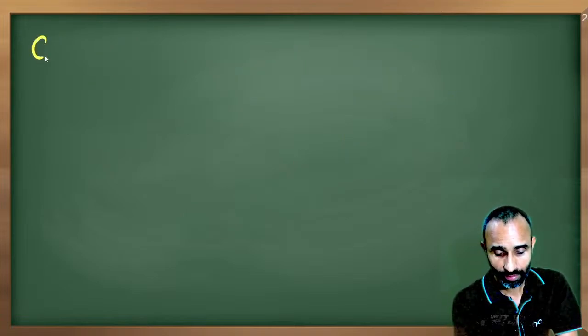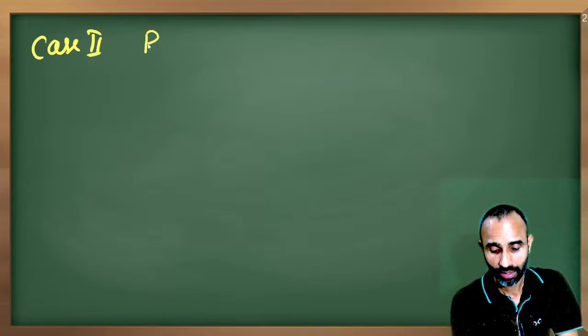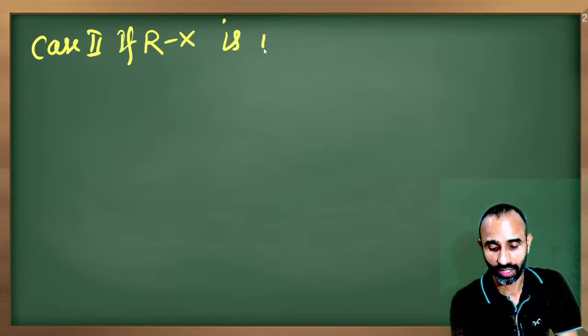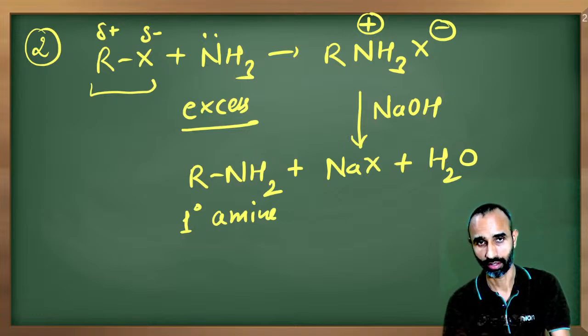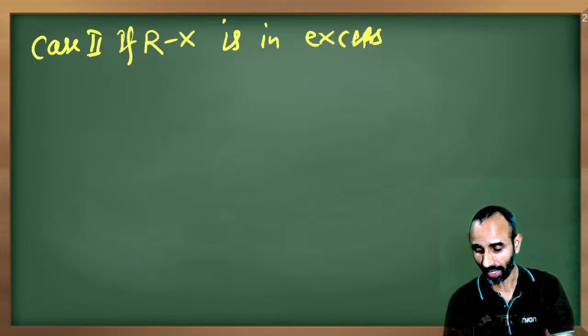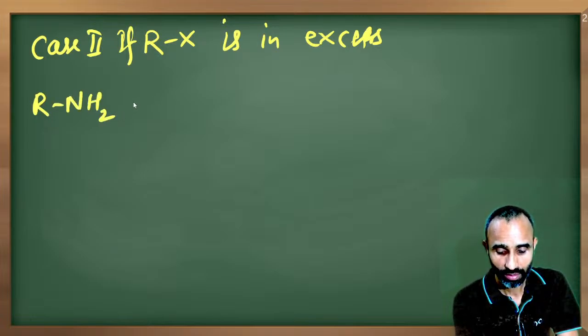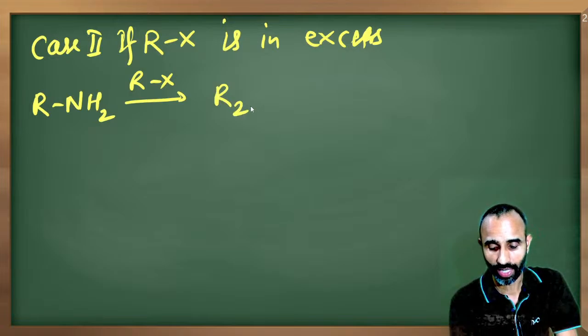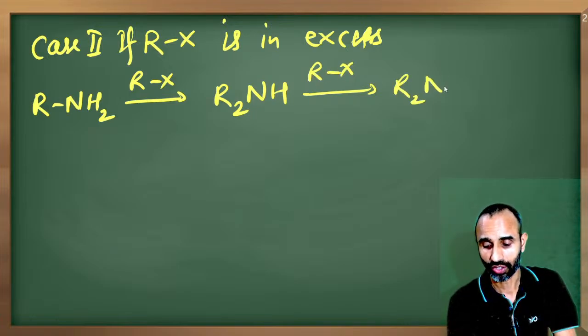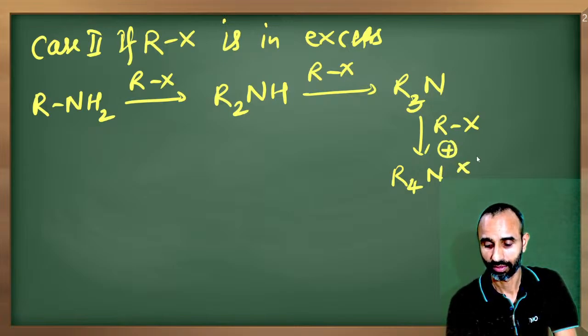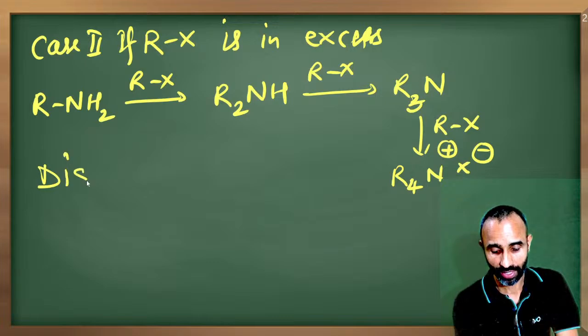But if we have another case, if RX is in excess, then after reacting with ammonia, a small amount of RX is left behind, and therefore it further reacts with primary amine and we get secondary amine. If it is left again, we get tertiary amine, and at the end we get quaternary ammonium halide. So this is the disadvantage of this method.